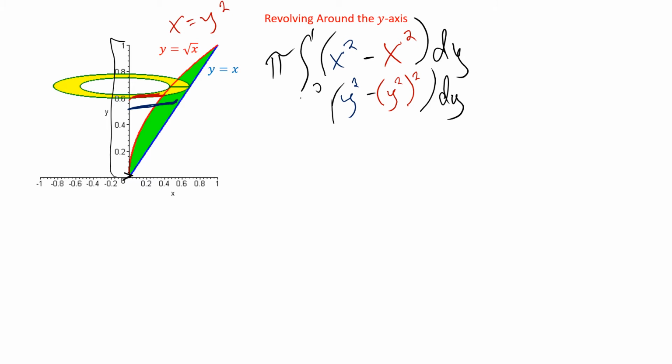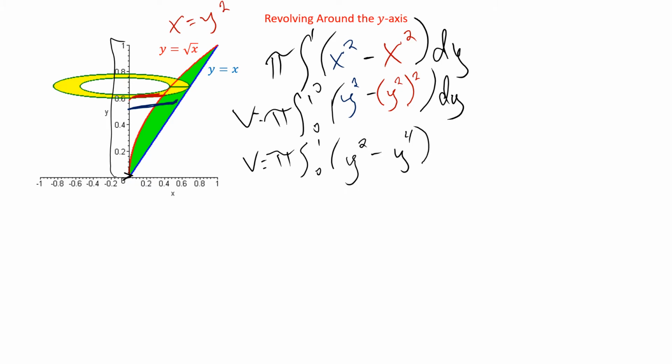dy from 0 to 1. Don't forget the pi. Now we can simplify. Let's simplify. The volume equals pi times 0 to 1 of y squared minus y to the 4th dy. Antiderivative gives us pi y squared.